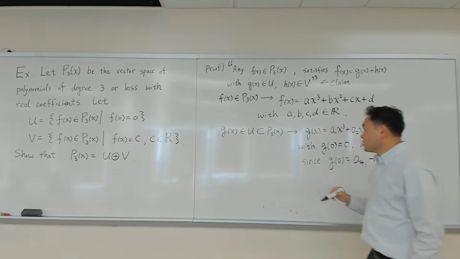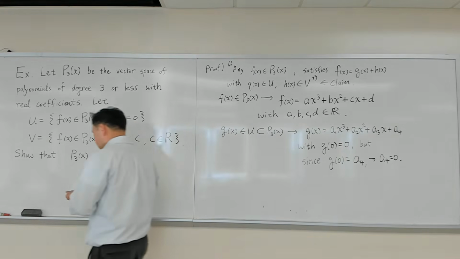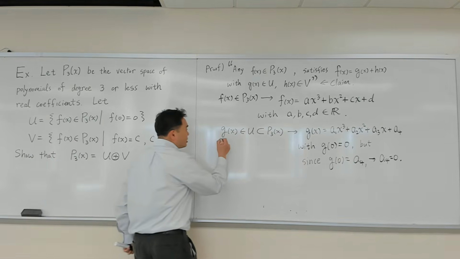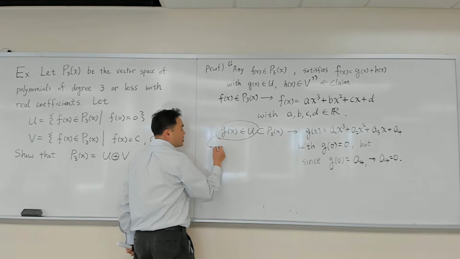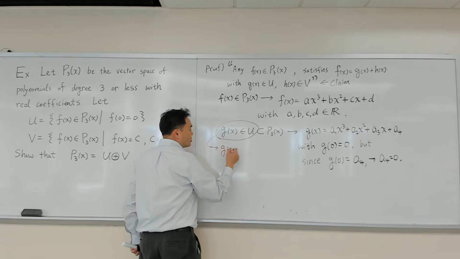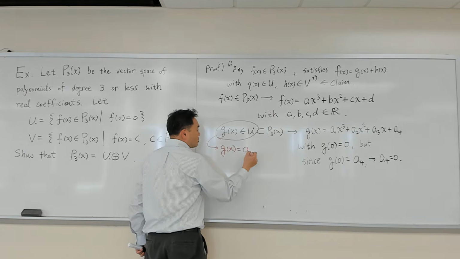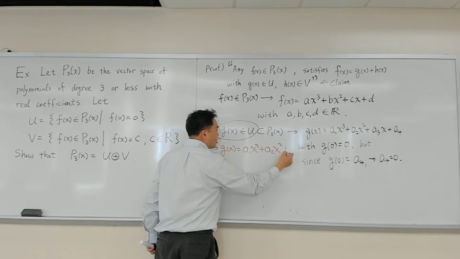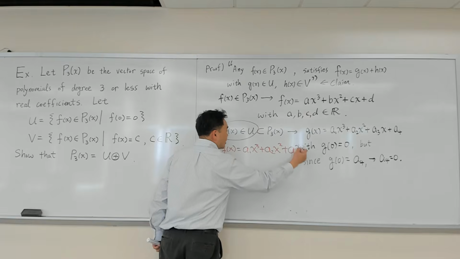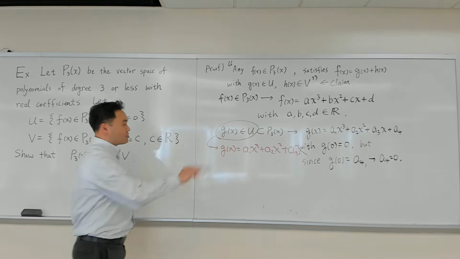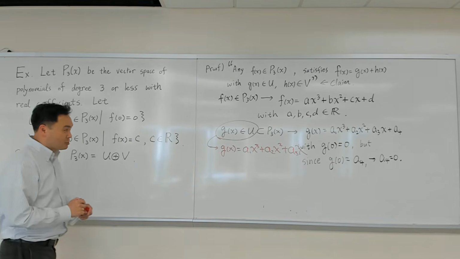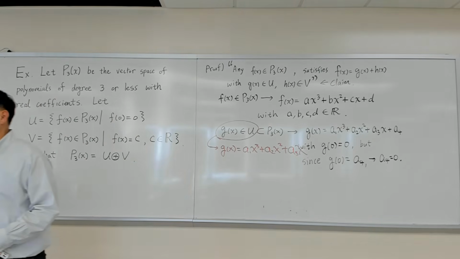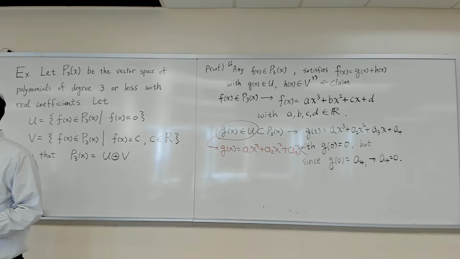In other words, we have just shown that being in here implies that g of x looks like a1 x cubed plus a2 x squared plus a3 x. Sorry about writing over the previous one, but hopefully that makes sense, right? In other words, the constant term has to be 0. Okay?